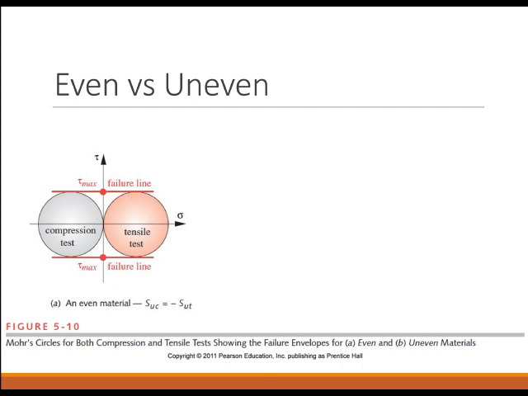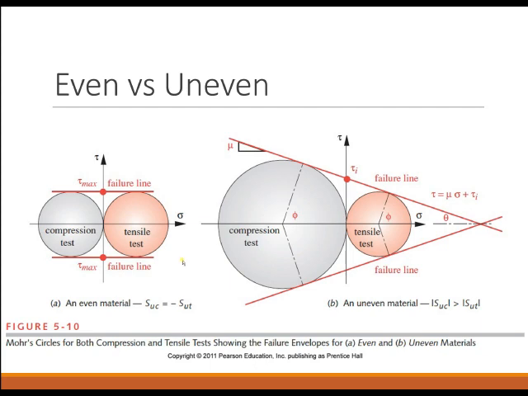For uneven material, however, the tensile test has very different results than the compressive test, because the ultimate compressive strength is much greater than the tensile strength, and that's typically the case. Typically, if a material is uneven, it handles compression better than it handles tension. A good example is concrete.